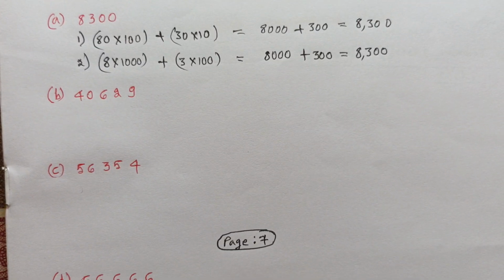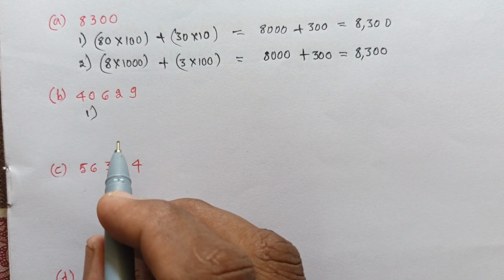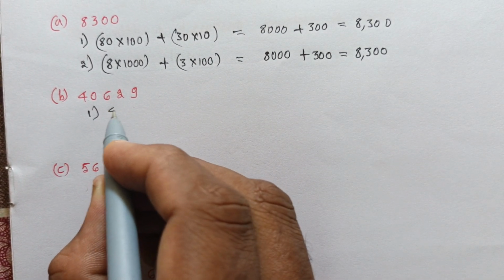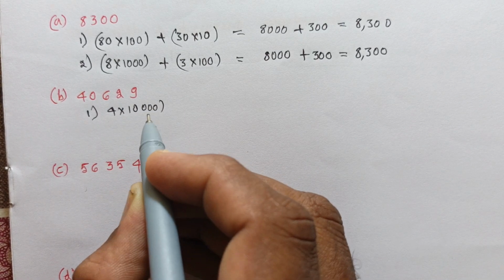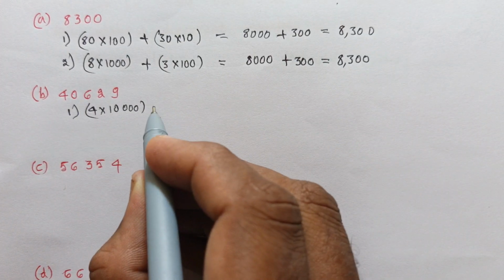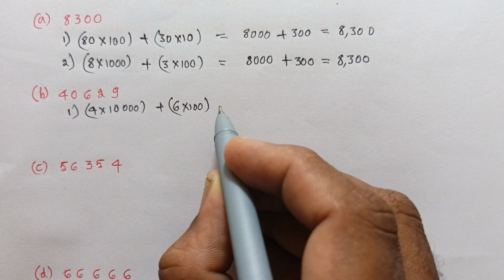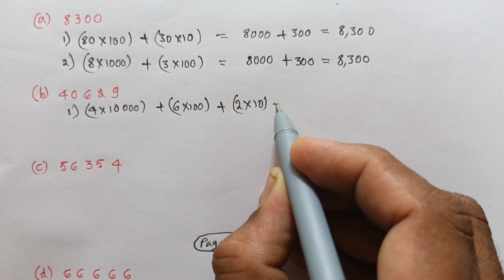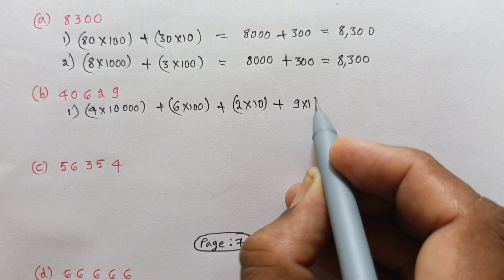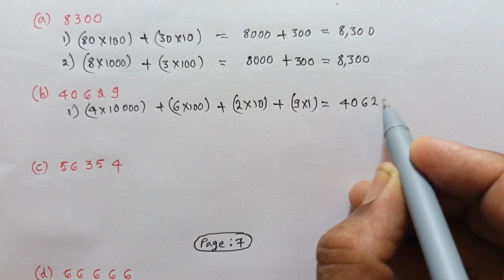In the same way, coming to B, one way of representing is 4 into 10,000 plus 6 into 100 plus 2 into 10 plus 9 into 1, which will give 40,629.